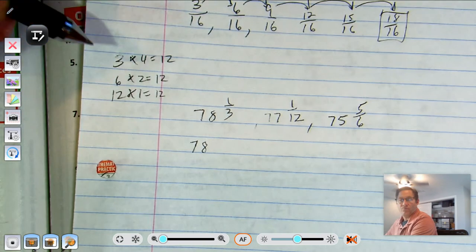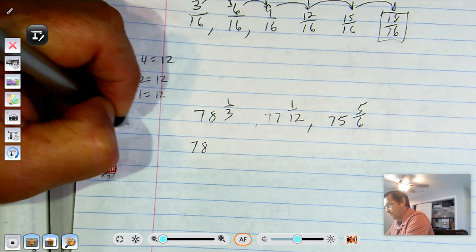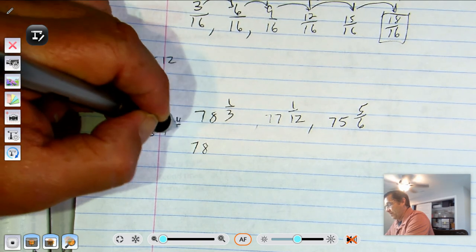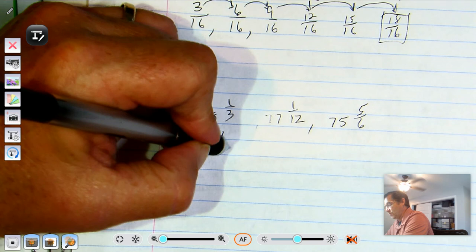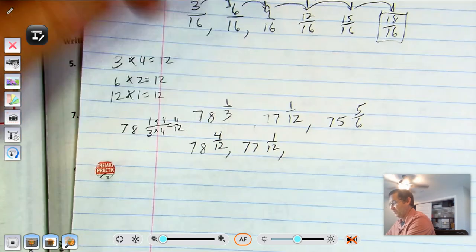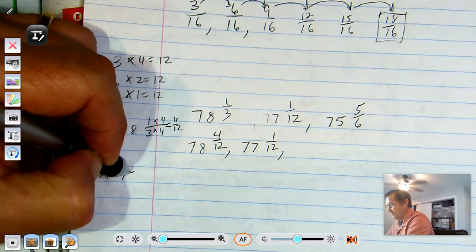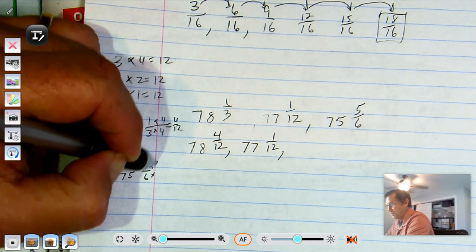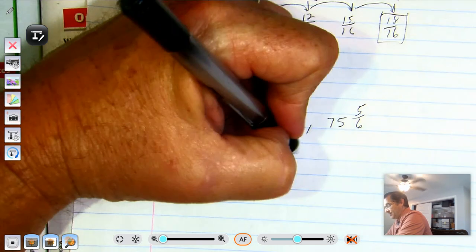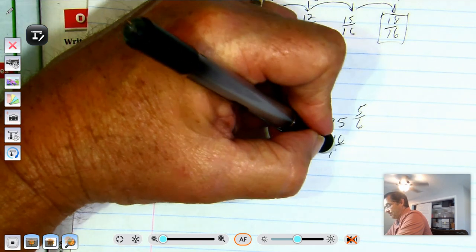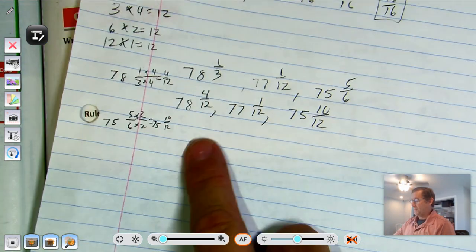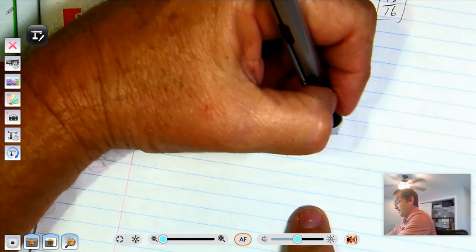So 78 1/3 times 4 would be 78 4/12. Well, the next one is already 77 1/12. And then 75 5/6 times 2 would be 75 10/12. All right, so that's Monday, Tuesday, Wednesday, Thursday.